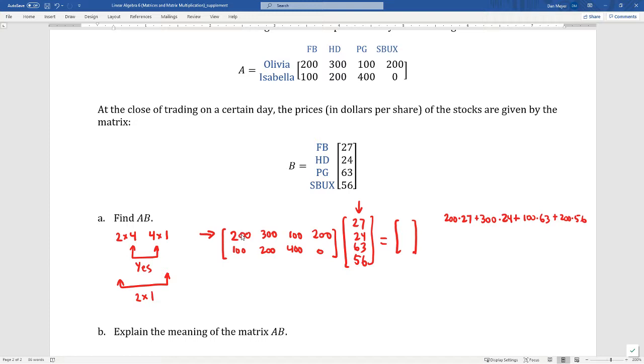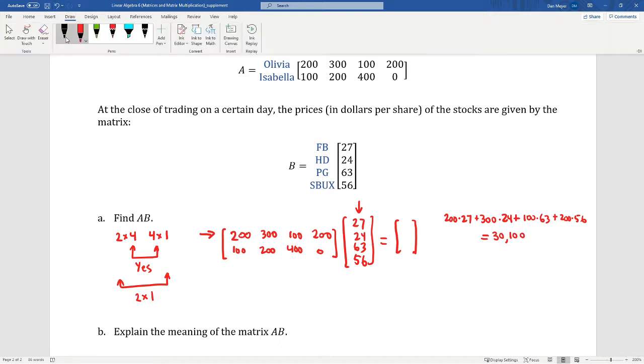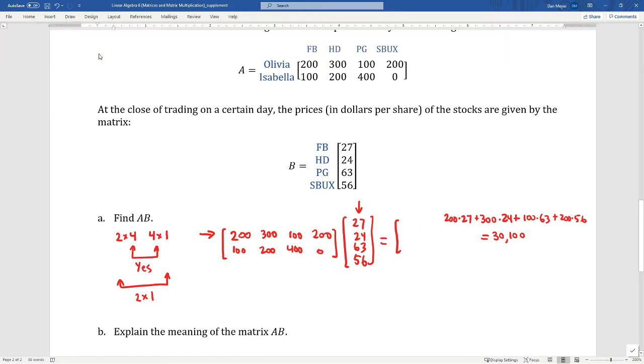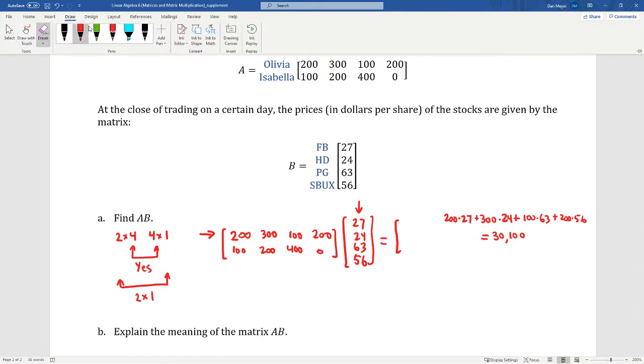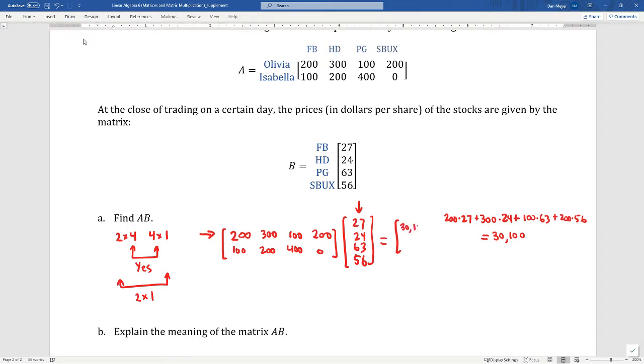And that's our row times column operation. And that should give you, when you work it all out in the calculator, 30,100. So maybe I didn't quite draw this matrix big enough to contain the numbers. Now let's just pop in the number first and then draw the other one. 30,100.